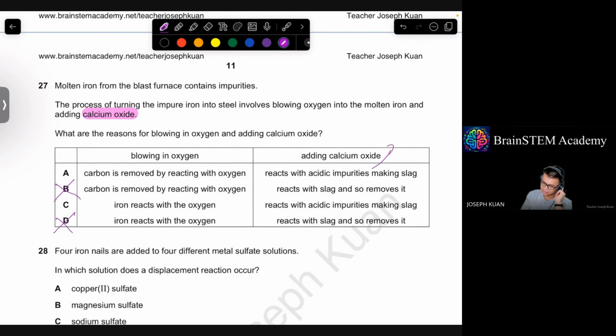To be more precise, it is silicon oxide. So it's either A or C. So it should be A, as carbon is more reactive than iron, and then it reacts with the oxygen so that you can remove it. So the answer is A.